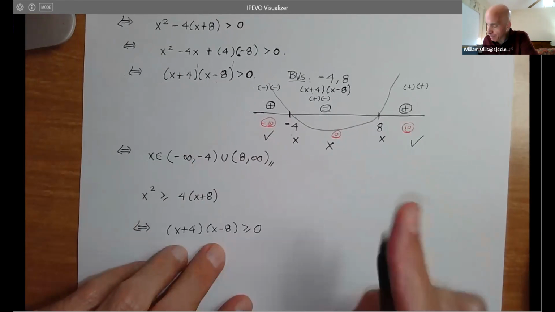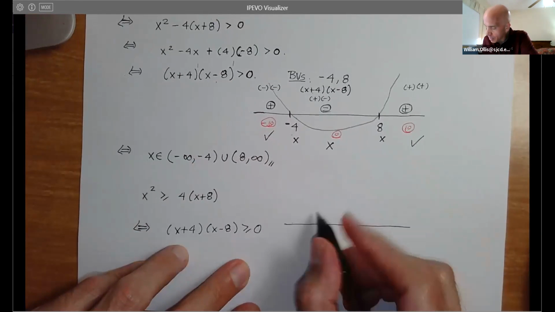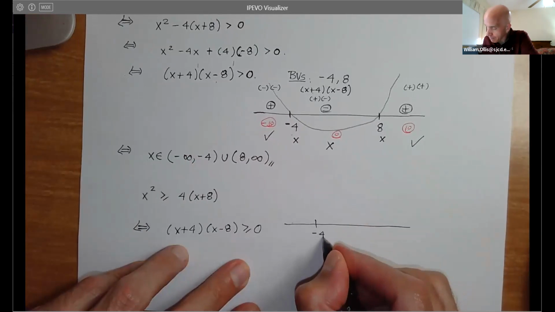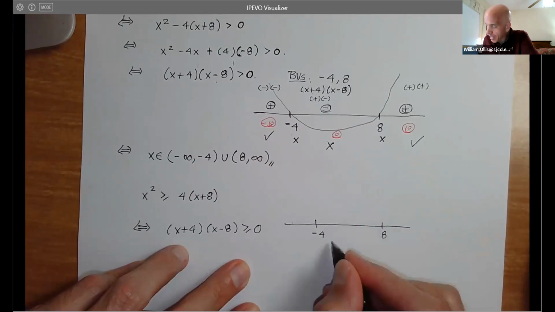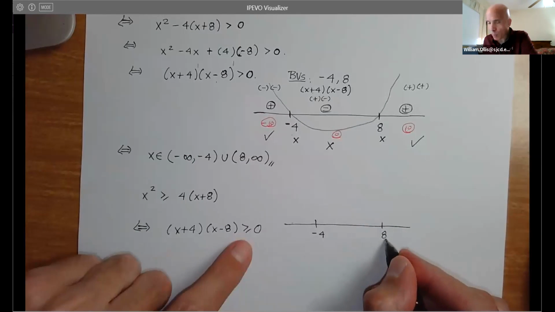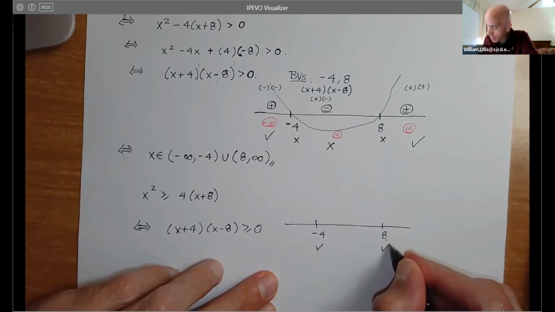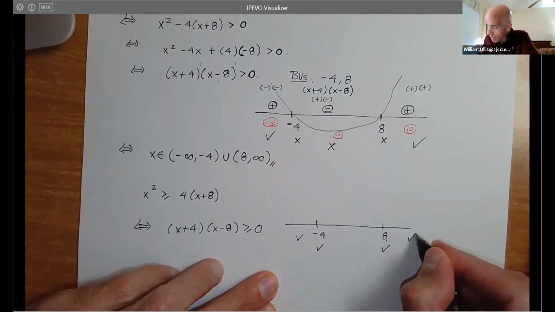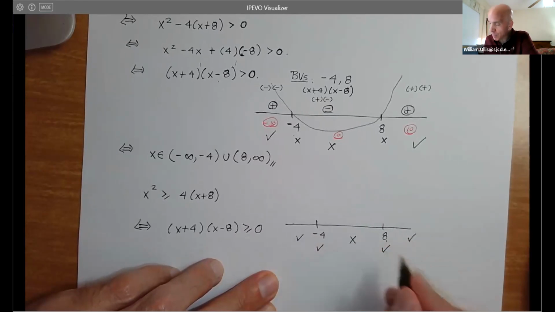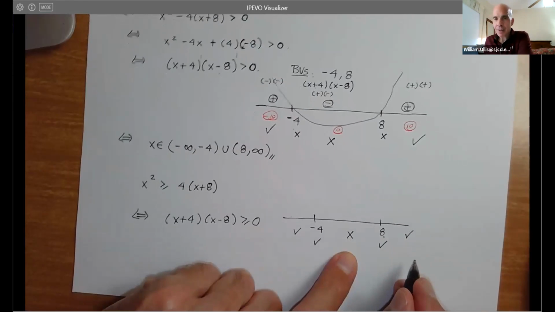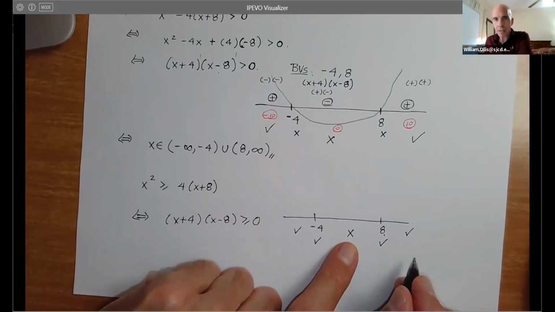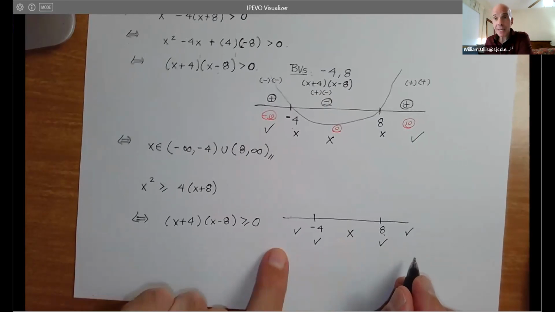And so now, when we draw the number line, the -4 and the 8 work because we can have equal to 0. We get a check here, check, check, but of course an X in the middle. And X not meaning the variable x, just meaning no. Check meaning yes.